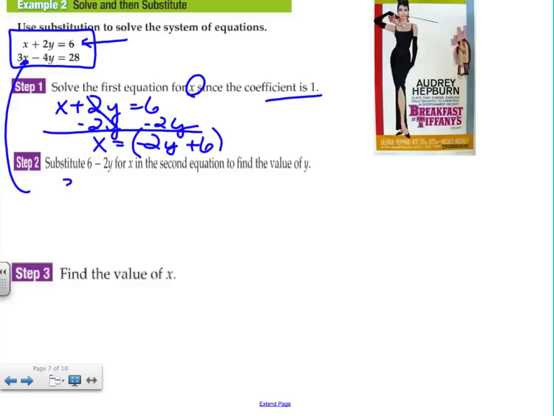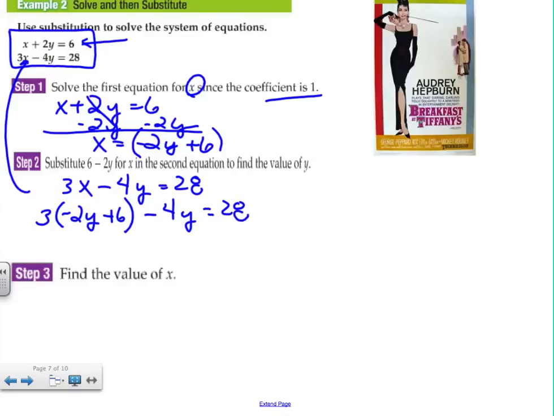So I have 3x minus 4y equals 28. And I'm going to substitute in negative 2y plus 6 for x. So 3 times negative 2y plus 6 minus 4y equals 28.